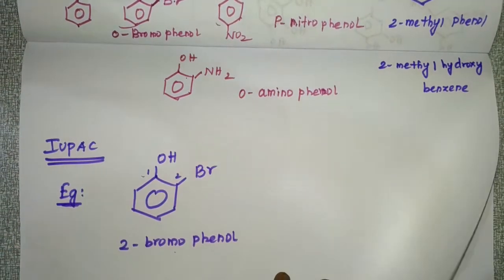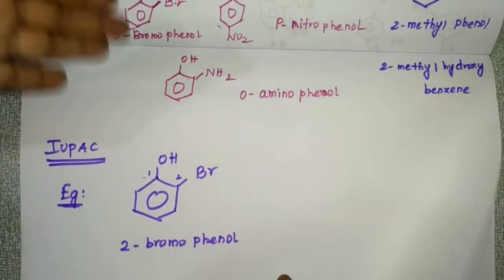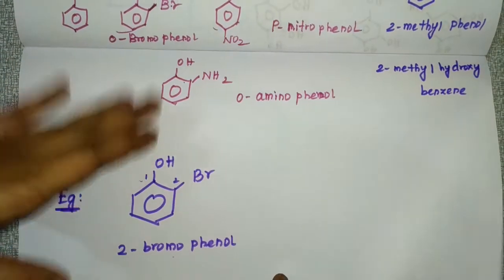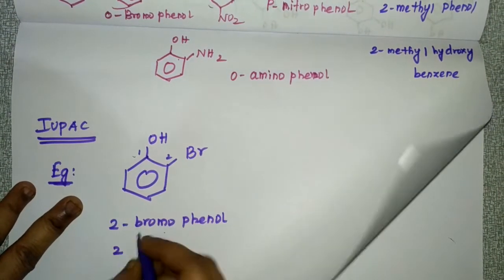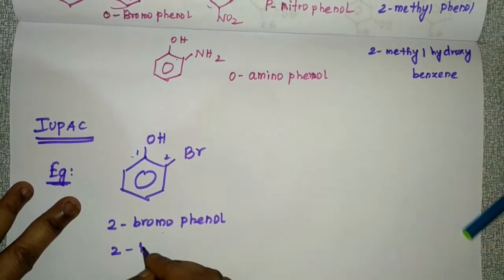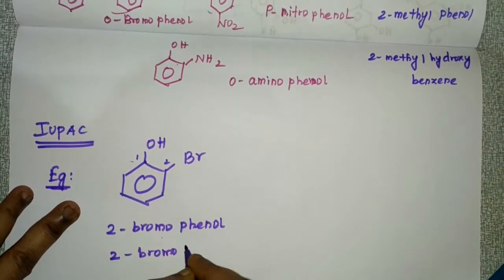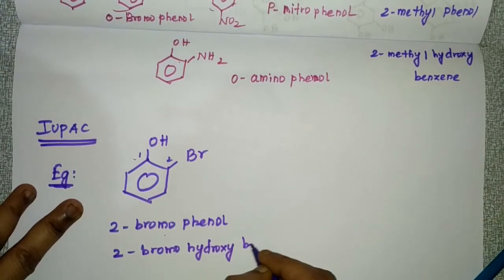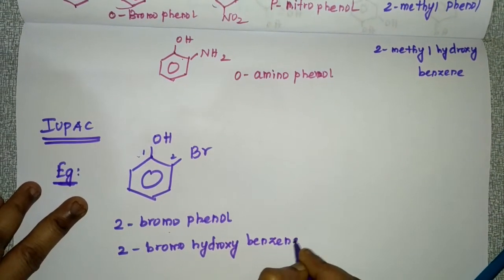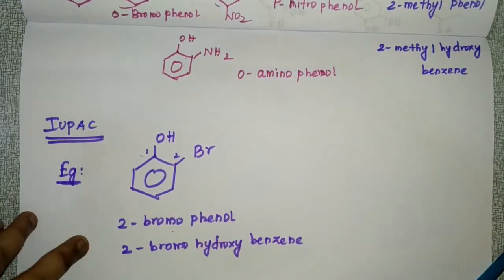If you are following the order hydroxy derivatives of arenes, what you have to do? At which position is bromine attached? Second position. So 2-bromo hydroxybenzene. So you have to name it as 2-bromo-hydroxybenzene. Am I clear, students?